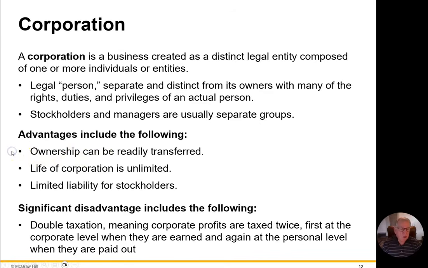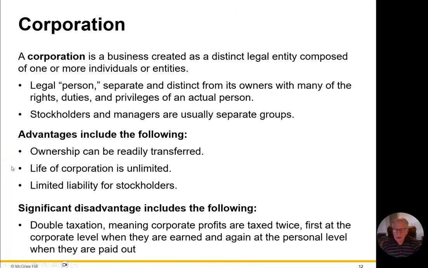I worked for Chrysler Corporation in the lovely state of Michigan, and the life of the corporation here is still around.